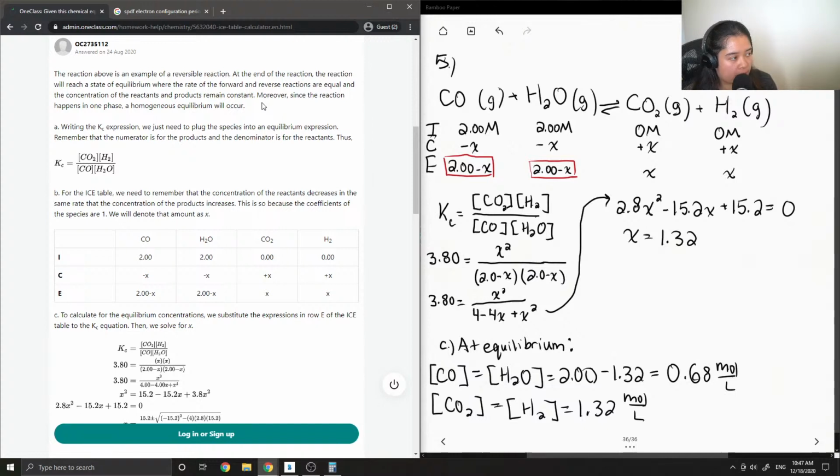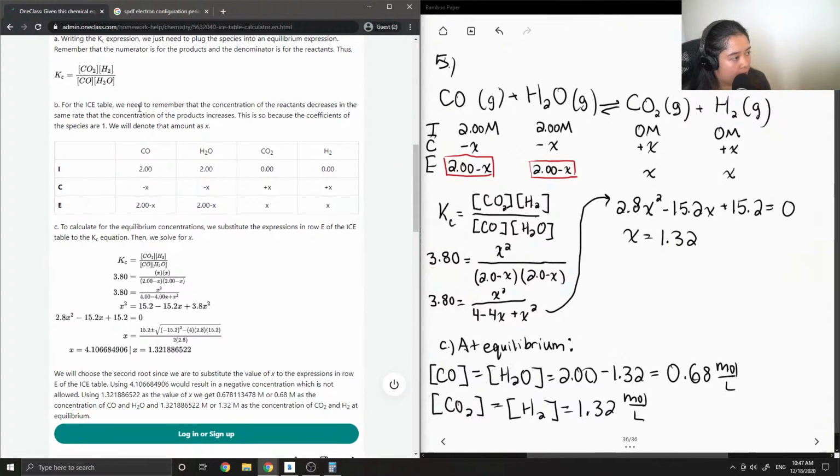Moreover, since the reaction happens in one phase, a homogeneous equilibrium will occur. Part A. Writing the Kc expression, we just need to plug the species into an equilibrium expression. Remember that the numerator is for the products and the denominator is for the reactants. Thus, Kc is equal to CO2 times H2 divided by CO times H2O.